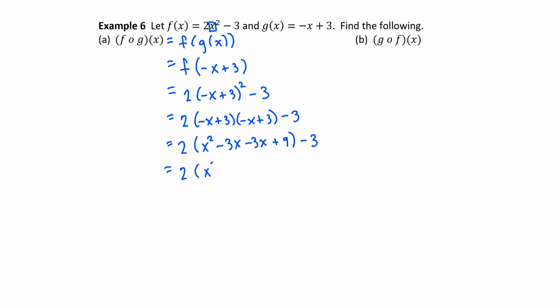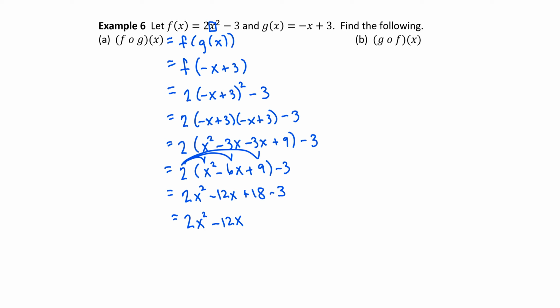Combining like terms in parentheses, we have x squared minus 6x plus 9. Now we're ready to distribute the 2. We have 2x squared minus 12x plus 18 minus 3. And then combining constants, we get 2x squared minus 12x plus 15. Woo, that was a lot of algebra on that one.